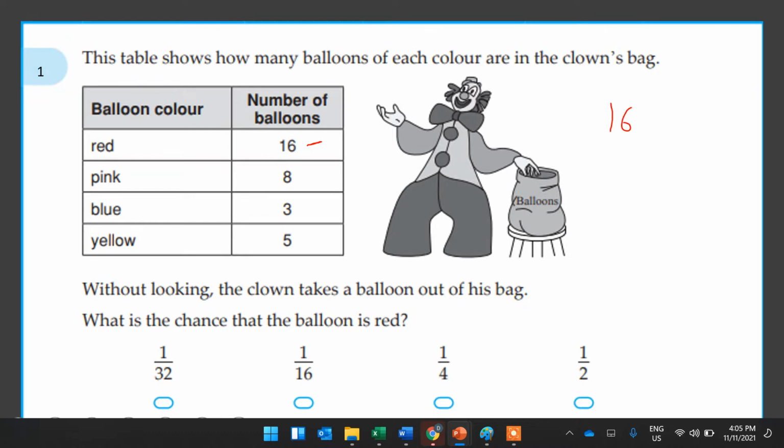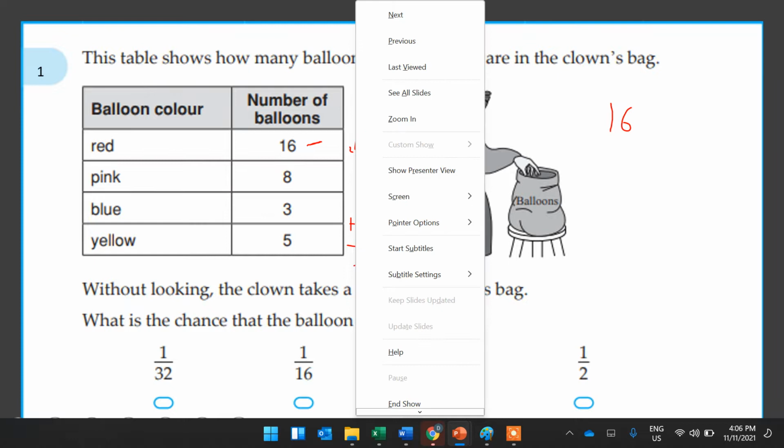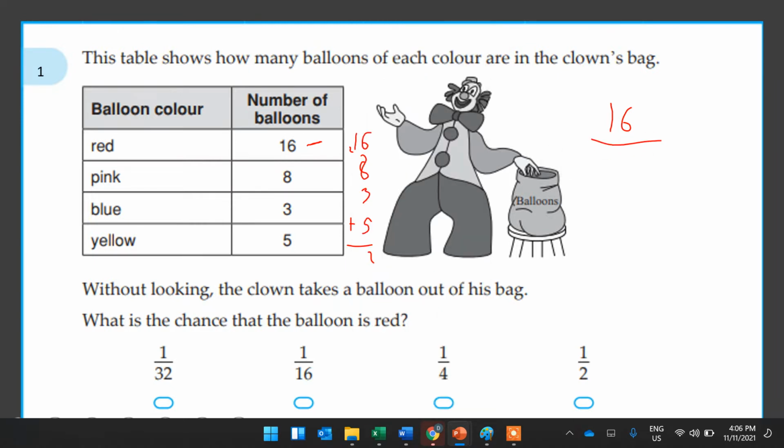16 plus 8 is 24, plus 3 is 27, plus 5 is 32. You can just do that by simple addition. So it's 16 out of 32, and that will simplify down when we divide by 16 to 1 over 2.